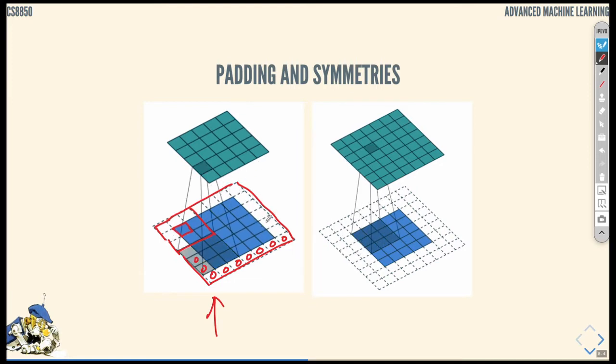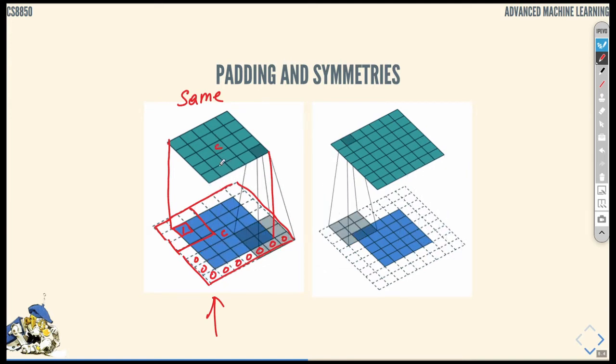This particular padding style is called same for short. What it means is that in the output channel, say C is the center, the C in the input will correspond to the C in the output. Sometimes, though, we'll talk about it more in just a second.